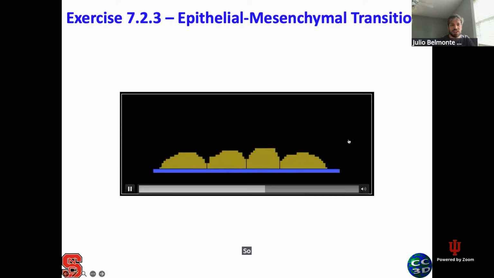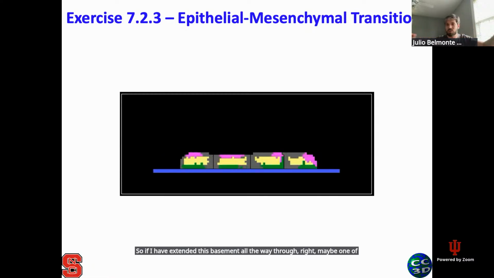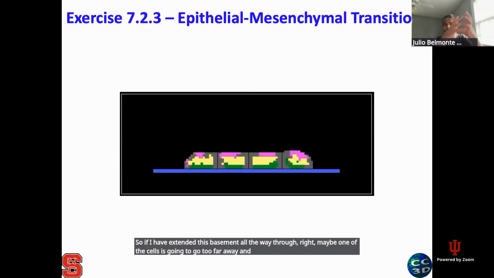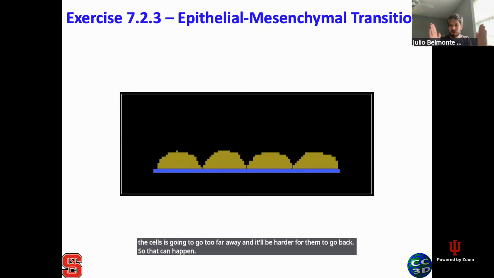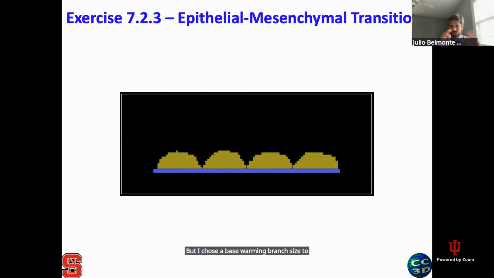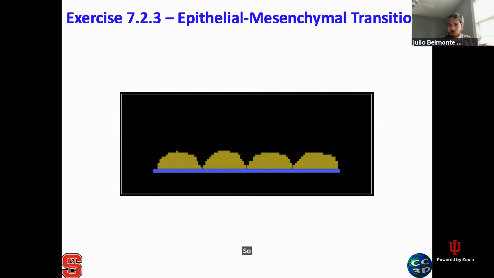If I had extended this basal membrane all the way through, maybe one of the cells would go too far away and it would be harder for them to go back. But I chose a basal membrane size small enough that you can still see the cells spreading, but they can still find each other to go back and form the epithelium. So is it working in our system?